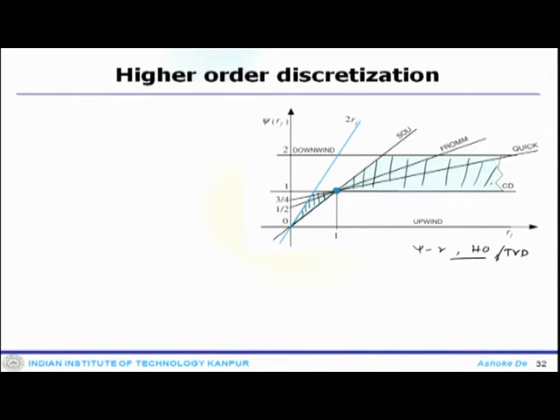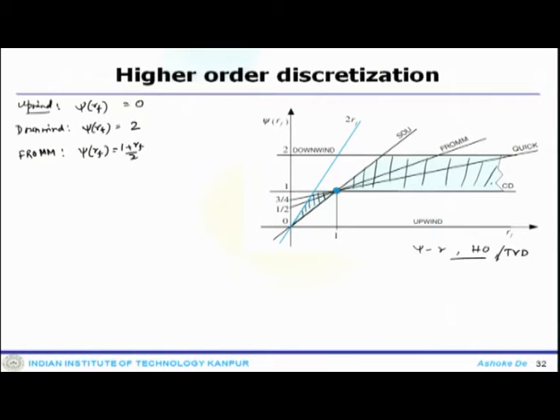monotonicity preserving schemes. So, as we said, the upwind scheme will provide psi Rf equals 0, that is the upwind scheme which lies here. For the downwind scheme, psi Rf is 2, which is lying there, this is the constant line. Then for the FROMM scheme, psi Rf is 1 plus Rf by 2.